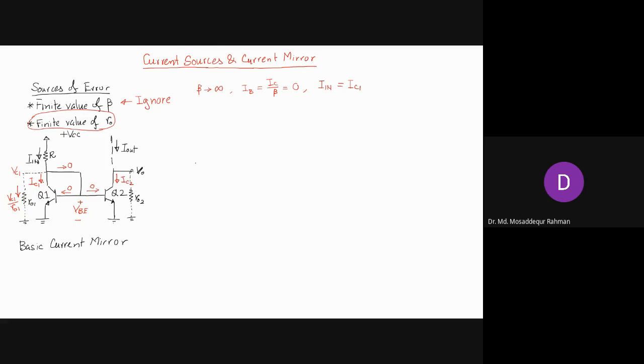So in addition to the collector current IC1, another current flows through this parallel path. Similarly, through R02 we have a similar current, V naught divided by R02. Is that clear? Yes, sir.